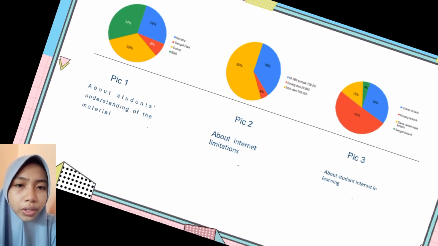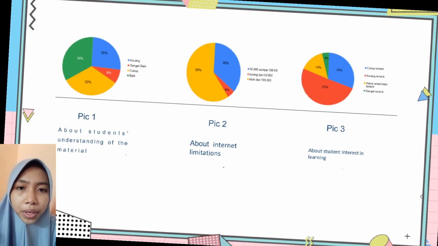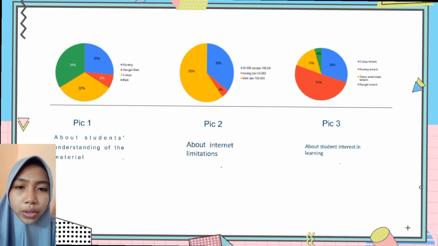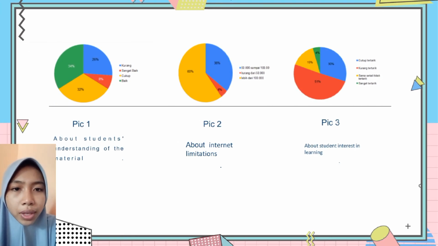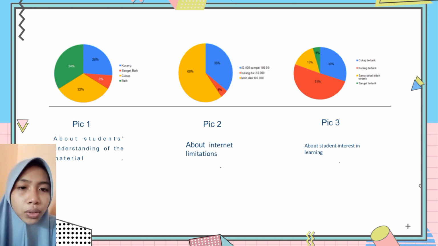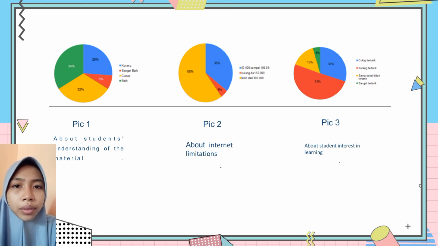From the research, we can find from the first peak, students' understanding of the material, the second peak is about internet limitation, and the third peak is about students' interest in learning.